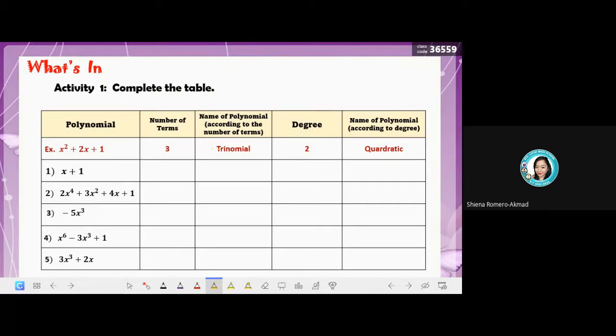So I'll give you, I guess 3 minutes para masagutan to on your own. And then later on, magtatawag ako ng pwedeng sumagot sa kada square dito. Okay? 3 minutes lang.